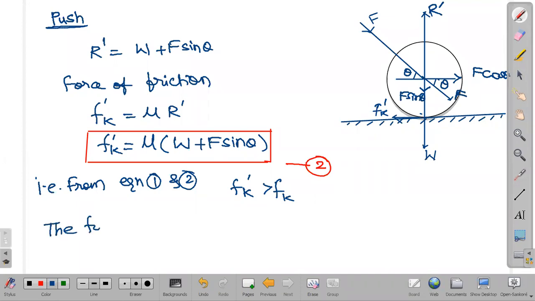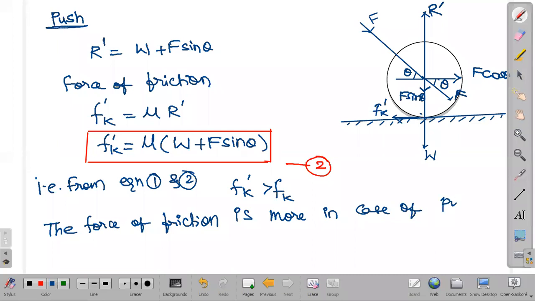So that is the conclusion I will write over here. The force of friction is more in case of push than pull.